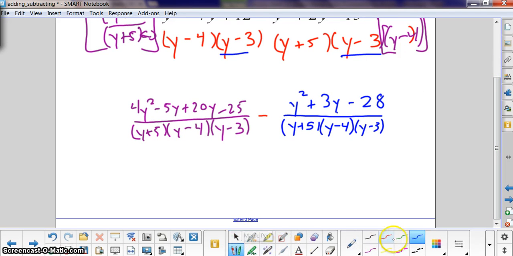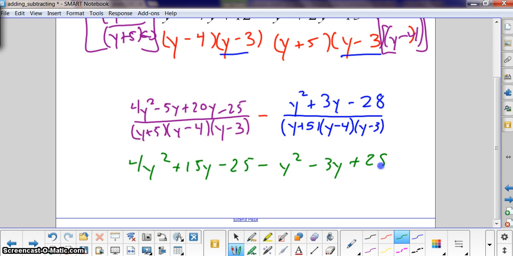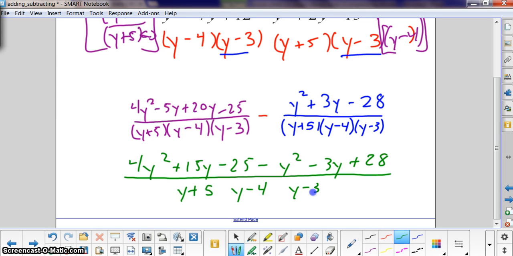Let's go with the green: 4y squared plus 15y minus 25, minus y squared minus 3y plus 28, all over my common denominator of (y + 5)(y - 4)(y - 3).